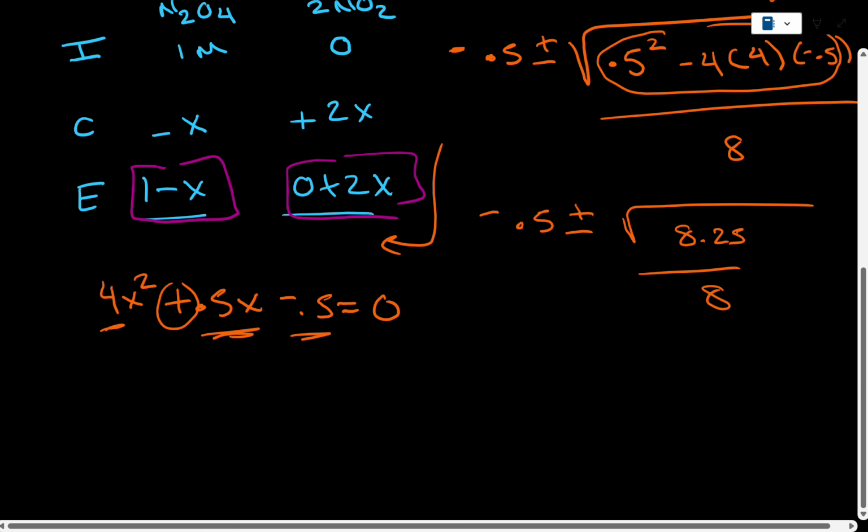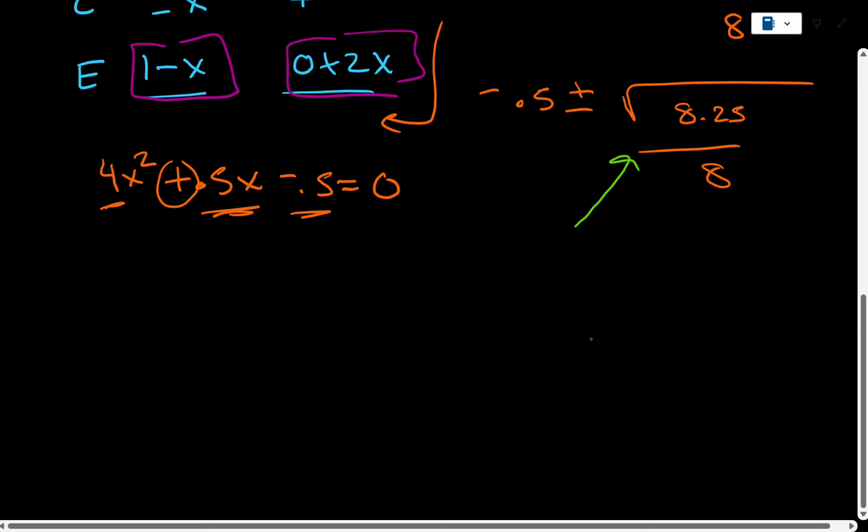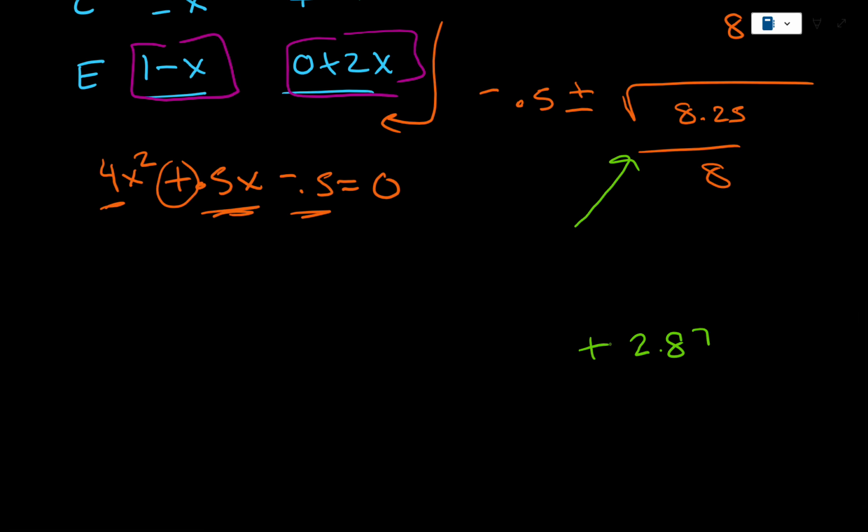Okay. So we know what the square root of this is, right? It's approximately 2.87. Plus, let's do plus first. You can do plus or minus, but I like to do plus first. Plus negative 0.5, and then you're going to divide everything by 8. And 2.87 plus negative 0.5 is 2.37.